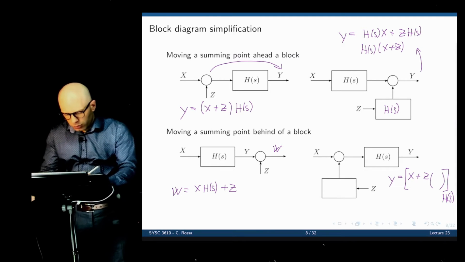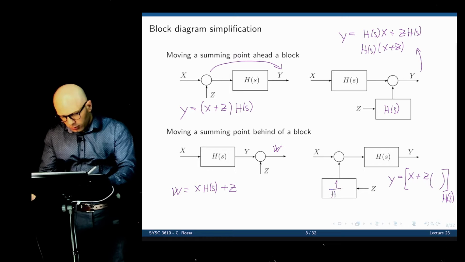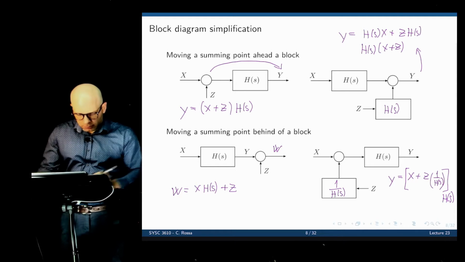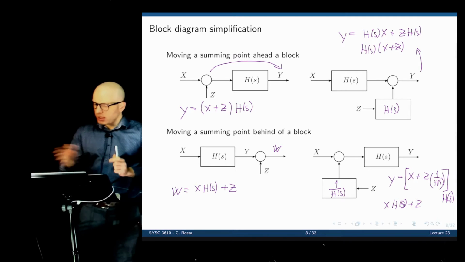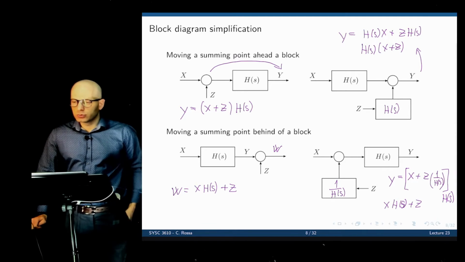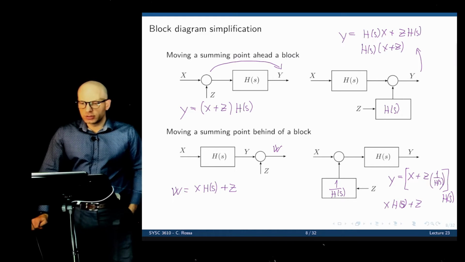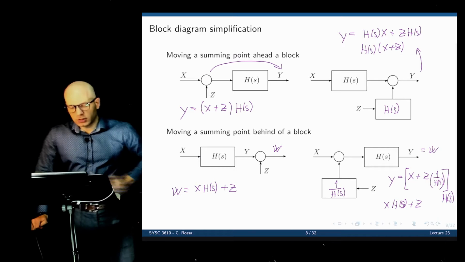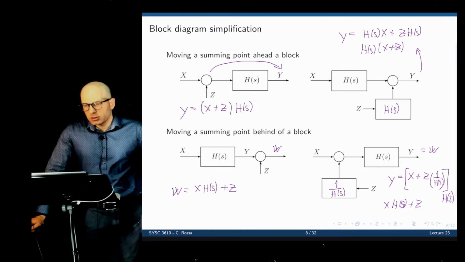Very good. If that is the case, we can put 1 over h of s here, and now we can see that when you multiply this out, we have x h of s plus z. And we go back to the original function. So the signal w, which in this case would be at this point here, does not change.